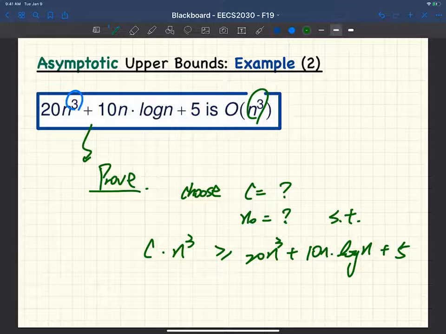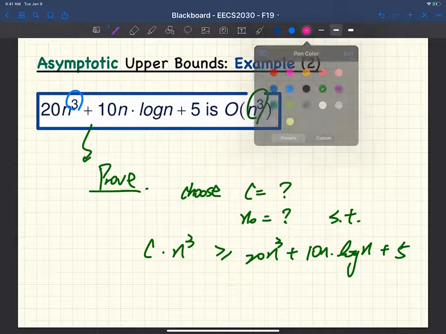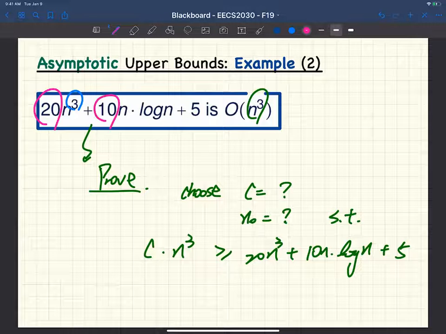How do we choose the C, first of all? Well, add up the multiplicative constants. Let me do that. So it's going to be, over here, 20 plus 10 plus 5. 35?